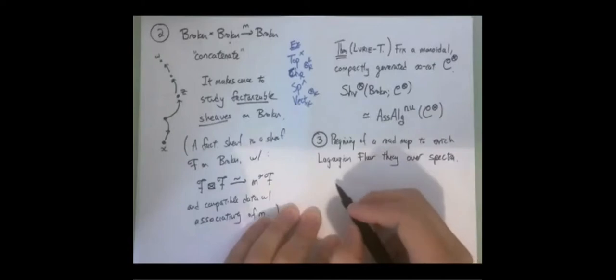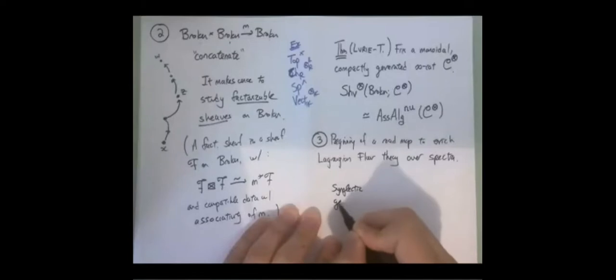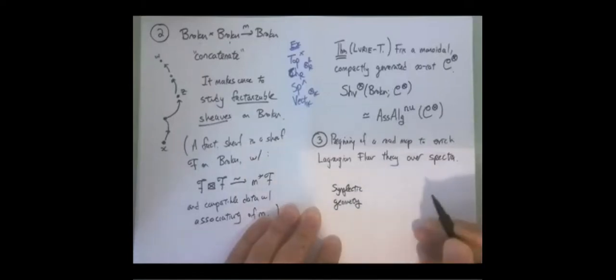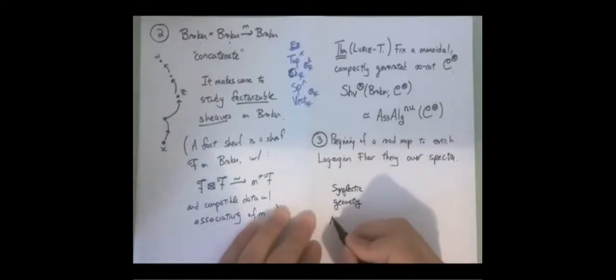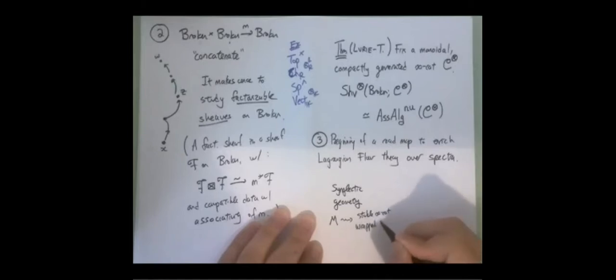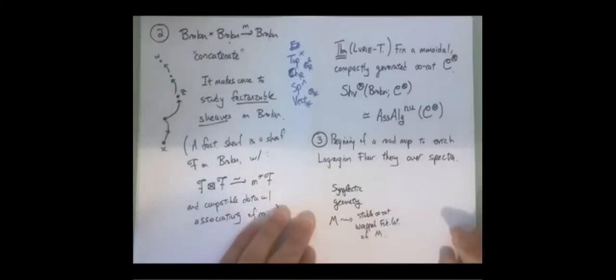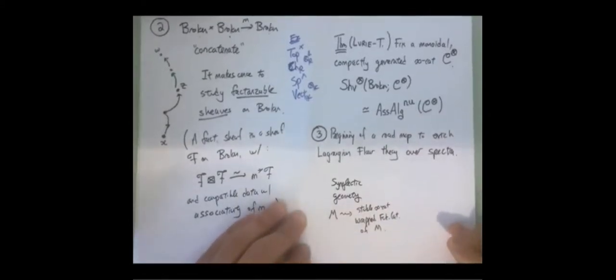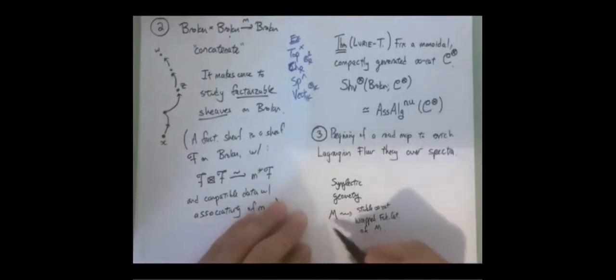And so let me just say that symplectic geometers, inspired by physicists, now have techniques for taking certain symplectic manifolds, capital M, and outputting some stable infinity category that for this talk, I'll call the wrapped Fukaya category of M. Okay, and with some geometric assumptions and structures that one can impose on M, this is honestly stable.